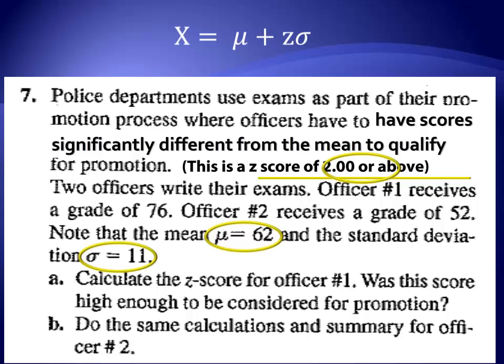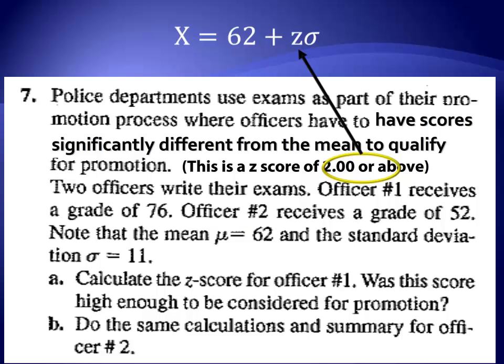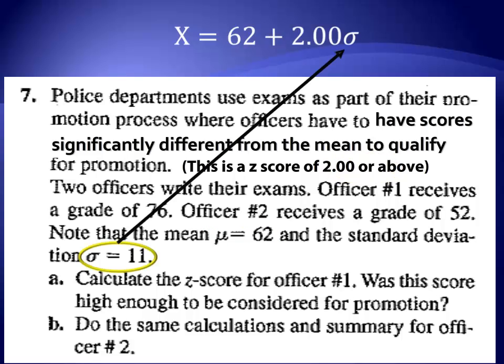By changing the z-score to 2, we can quickly get a sense of the cutoffs we should use to determine if the officers' scores are significantly different from the rest. Like before, we will solve for x by plugging in the mean, z-score, and standard deviation, which would give us the following equation.